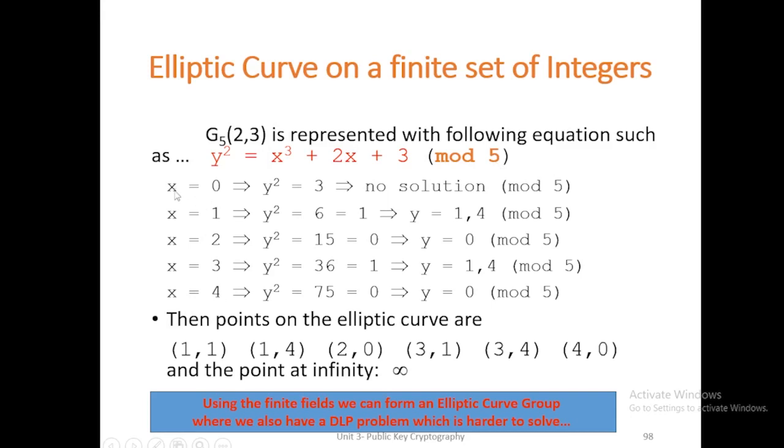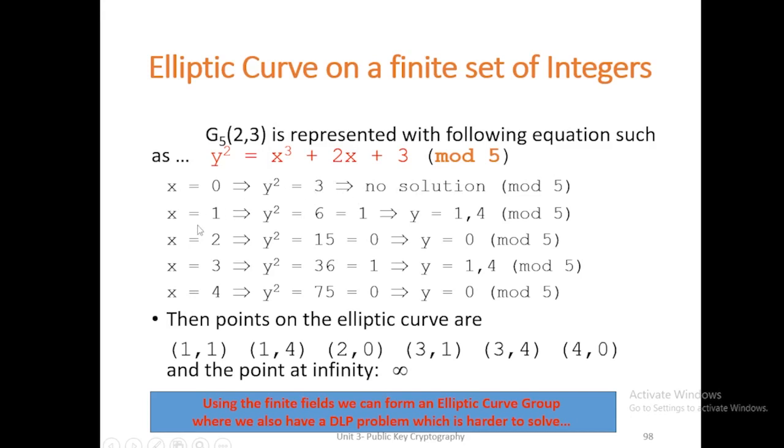So let us take the x values from 0 to 4 and calculate y squared. First, for x equal to 0, substitute the x value as 0 in this equation. So y squared equals 3. If you take the square root of 3, it is not a perfect number. So there is no solution for x equal to 0 in mod 5.